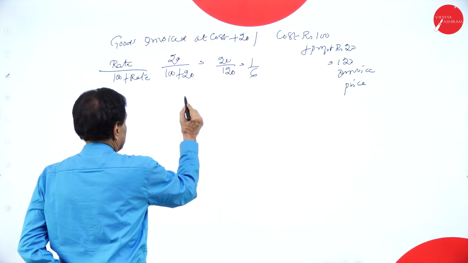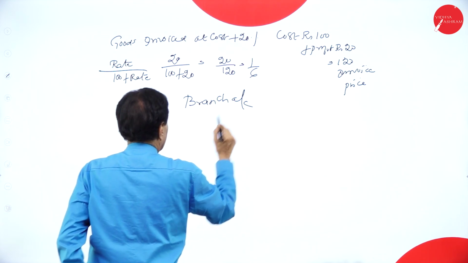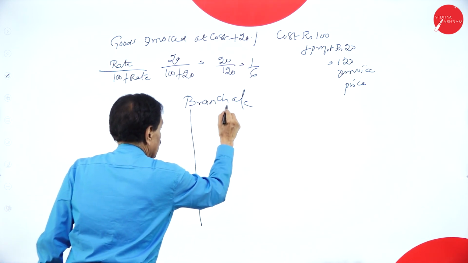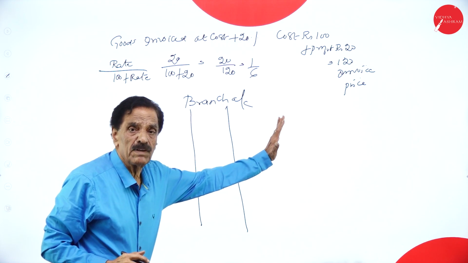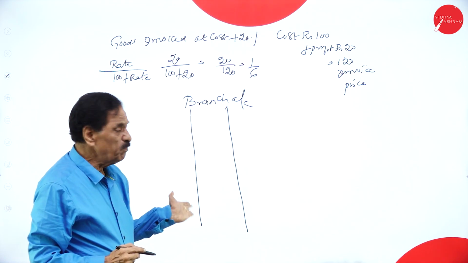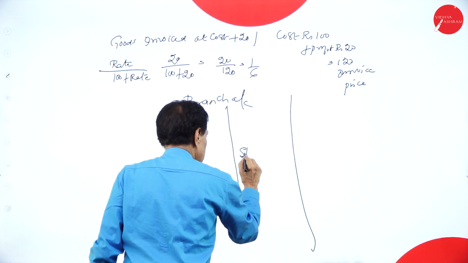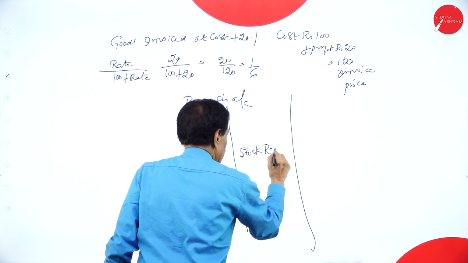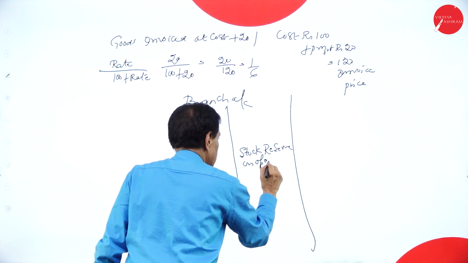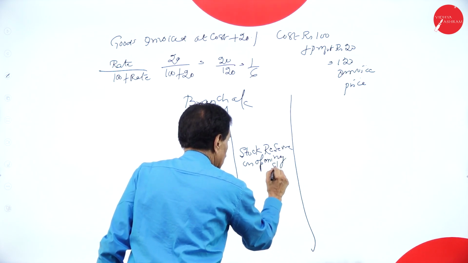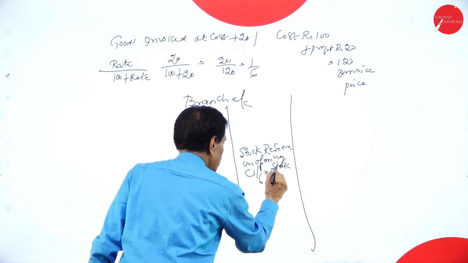When you prepare the branch account, goods sent will be here. Goods returned will be here. For goods sent, we have to calculate stock reserve on opening stock. That is 1 by 6 into opening stock.